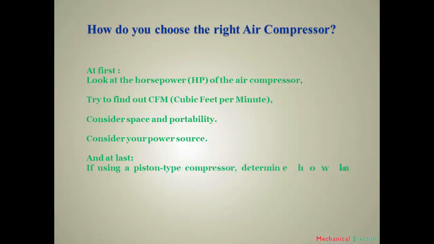Then you must consider the space and portability. Otherwise, you cannot move the compressor here and there. And you have to consider your power sources. And finally, if you want to use a piston type compressor, determine how large your tank should be. These are the key points to select the right air compressor. Now you can easily consider and choose your right air compressor.